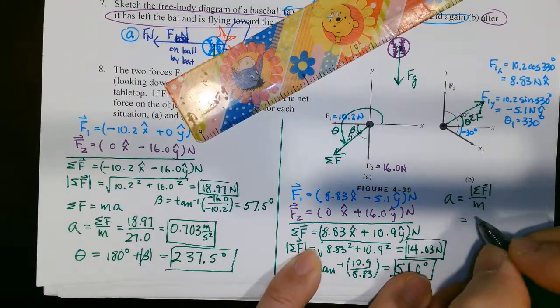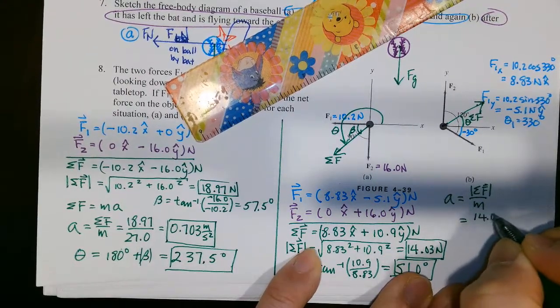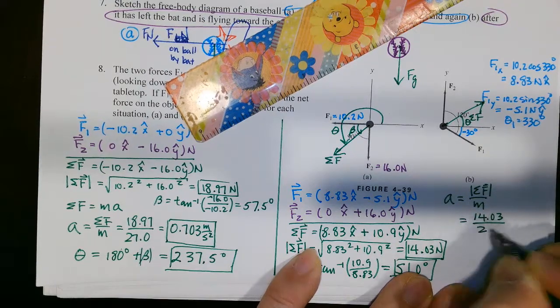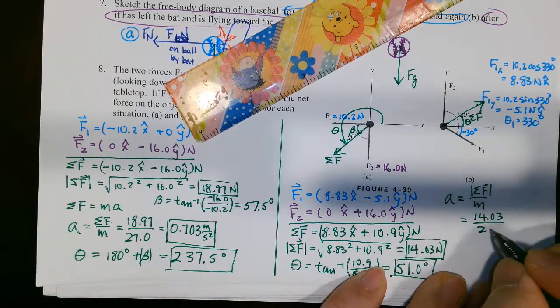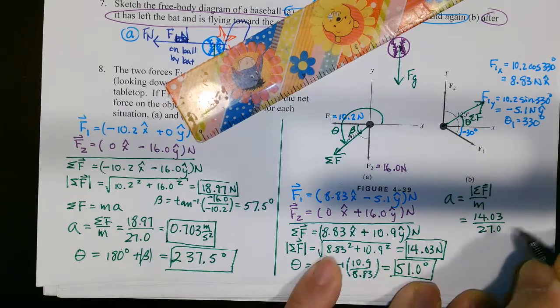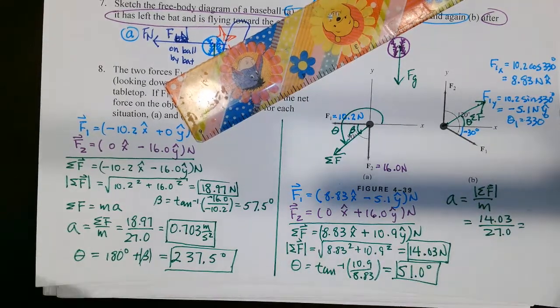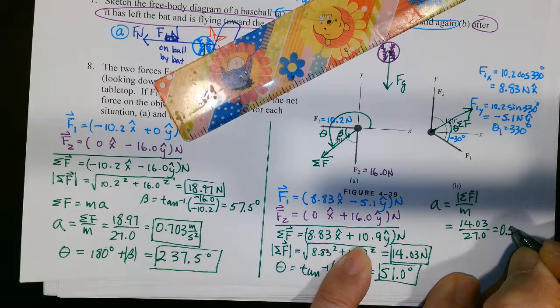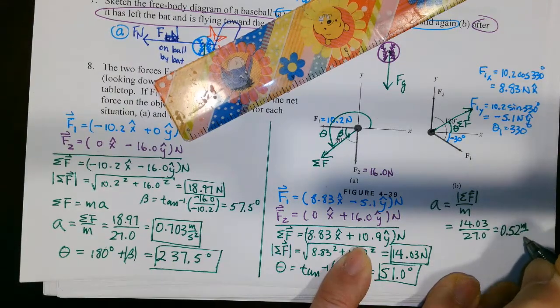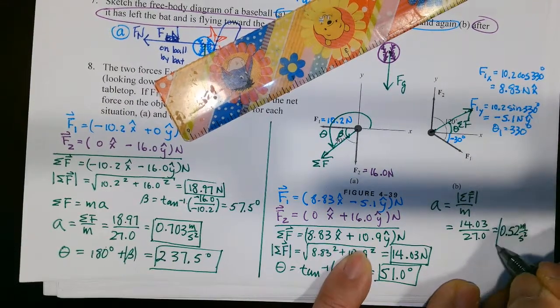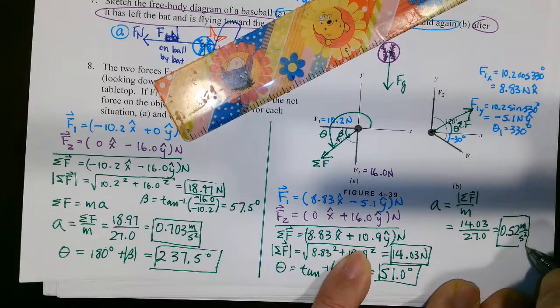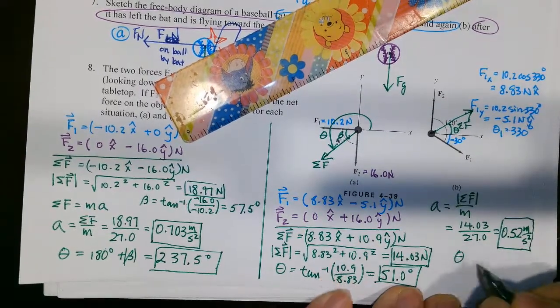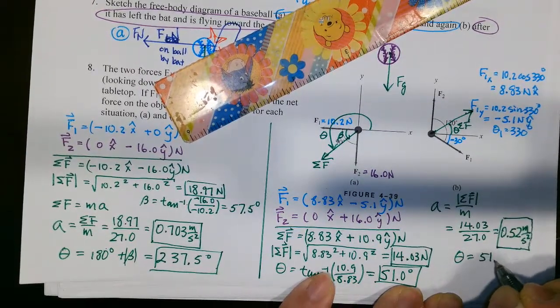Therefore, 14.03 divided by 27, so my acceleration comes out to 0.52 meters per second squared. That's my acceleration, and the direction stays the same, which is 51.0 degrees.